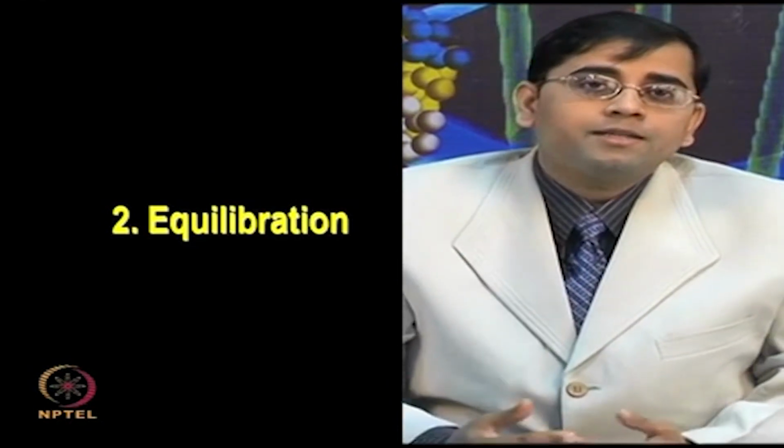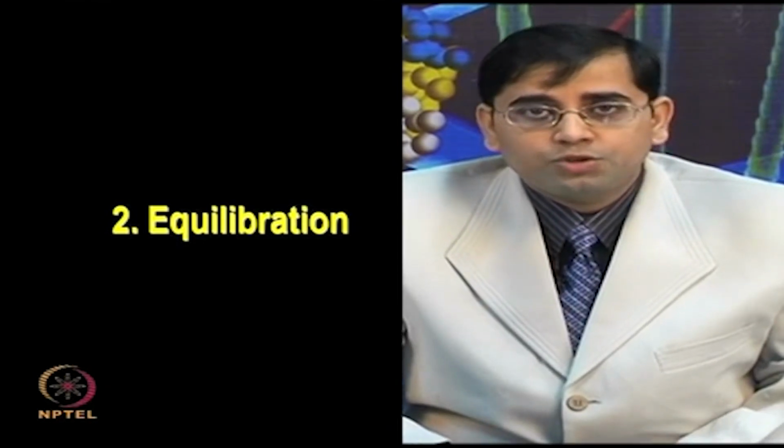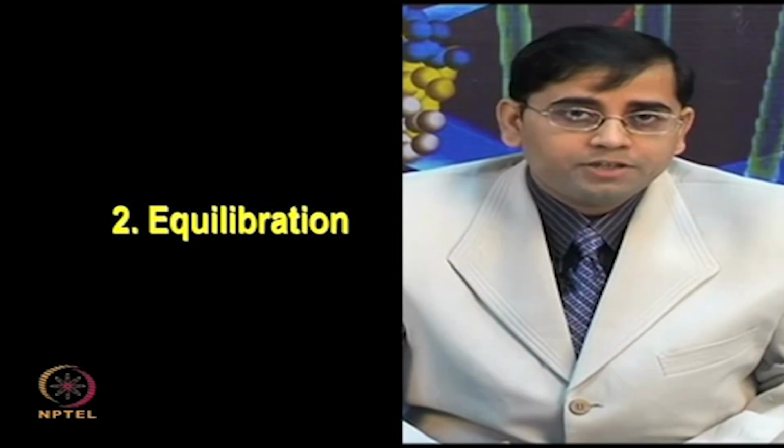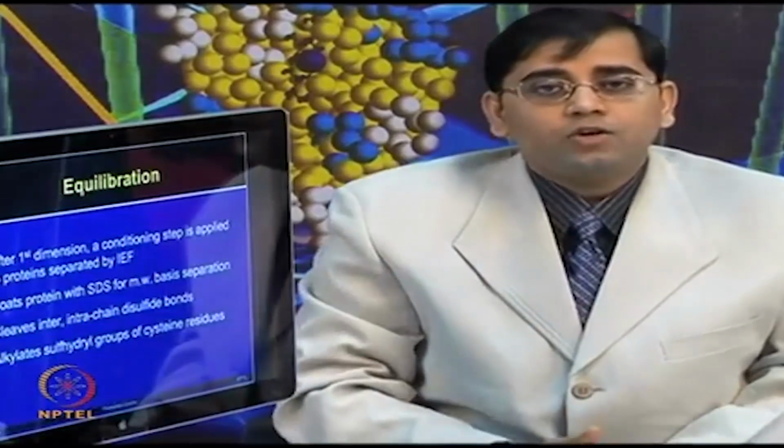When you are taking the protein sample alone, you have flexibility of boiling the protein sample in tubes and doing all those treatments to denature the protein separately. But now, your protein is already focused inside the IPG strip, so you do not have that flexibility here. So, all you need is to prepare your IPG strip in such a way that you can apply it on top of an SDS page gel. So, I will show you what steps are required in the equilibration step.